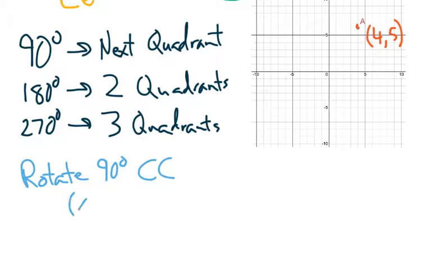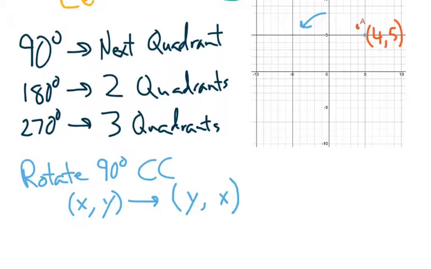I'm going to take my original x, y coordinate, and the way the rotation works is we're going to go y, x. But then something else needs to change. Because if we flop just the y and the x, all that's going to happen is we'll have a point right there. That doesn't do us much good. We need to be way over here.